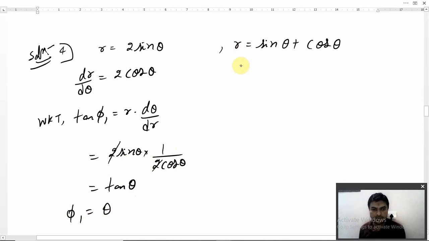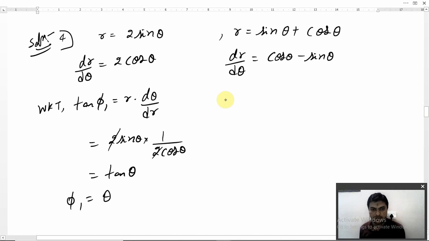Similarly, I will try with this, differentiating with respect to theta. So dr upon d theta: please remember here, friends, the differentiation of sine theta is cos theta, and of cos theta is minus sine theta.